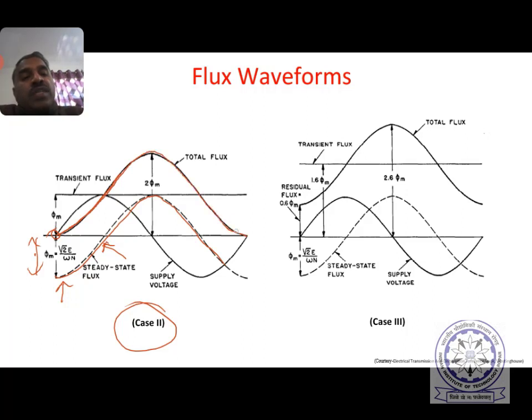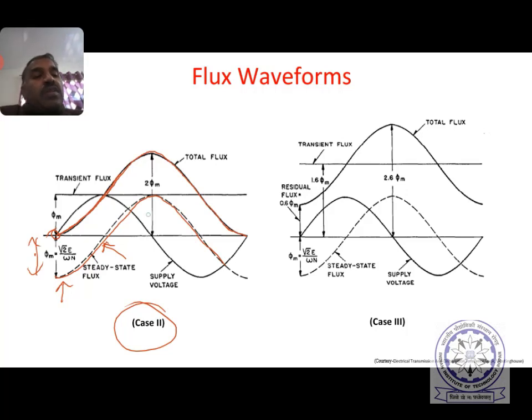So it has a severe consequence. When the flux waveform shifts, the current waveform will not shift linearly. The reason is that when the flux is increasing beyond a certain value, it will have a nonlinear relationship. A very huge current will flow through the system.